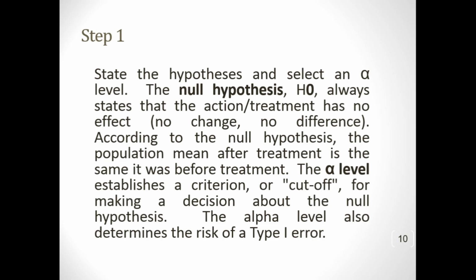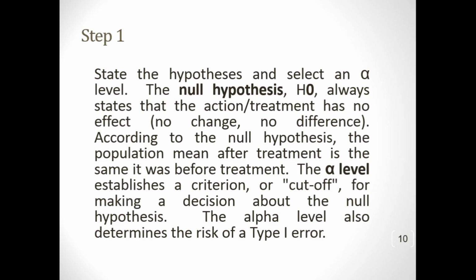The action or the treatment that we made on our sample has no effect. So it does not change the mean of our sample. According to the null hypothesis, the population mean after treatment is the same as it was before treatment.